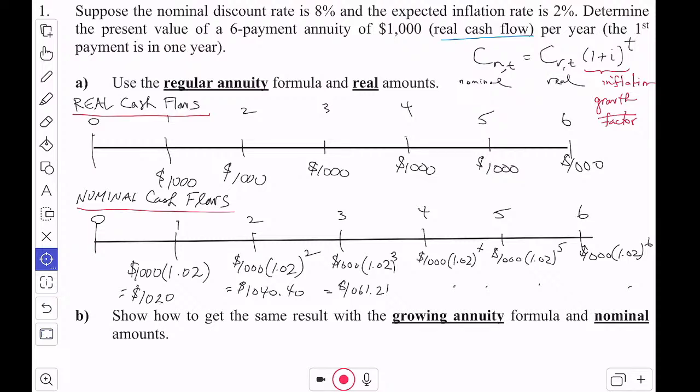The catch, the trick, is that your discount rate changes. If you're going to use this, you need to use what's called the real rate of interest. I'm going to make a note in black.